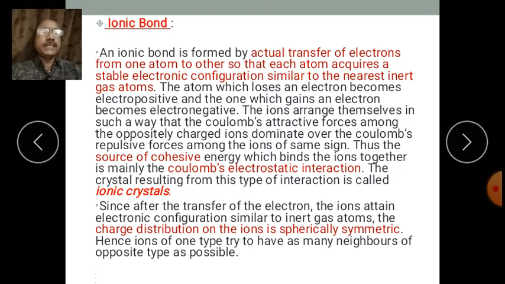The charge distribution on the ions is spherically symmetric. Hence, ions of one type try to have as many neighbors of opposite type as possible.